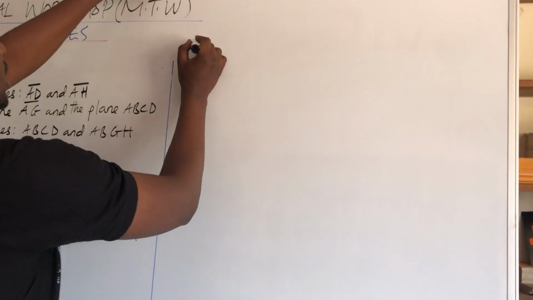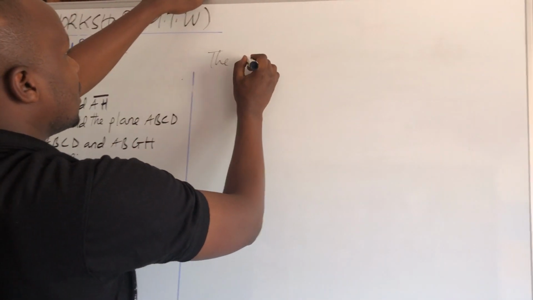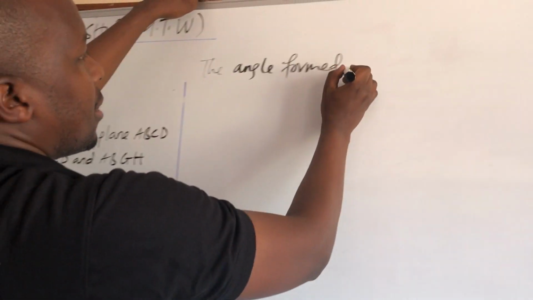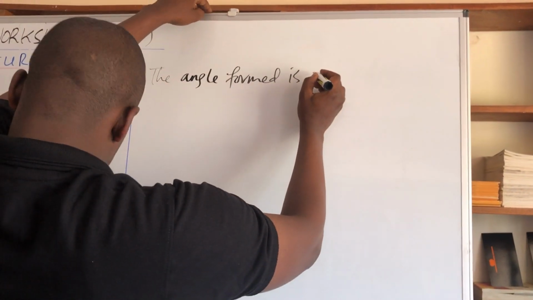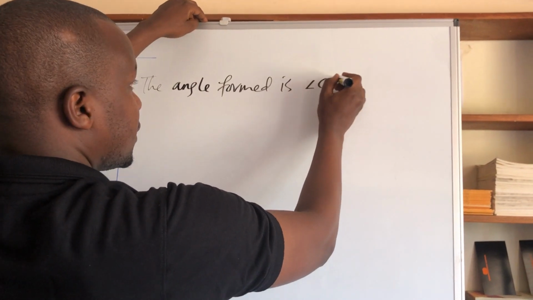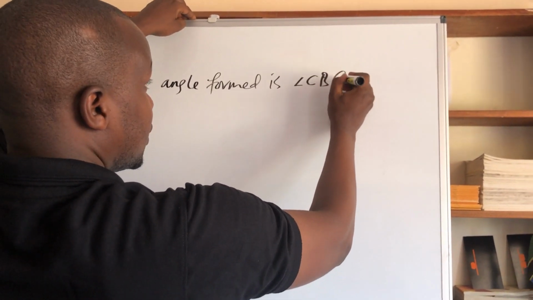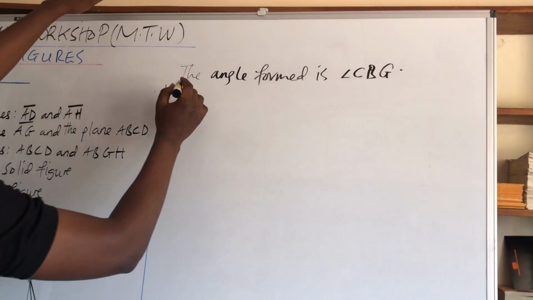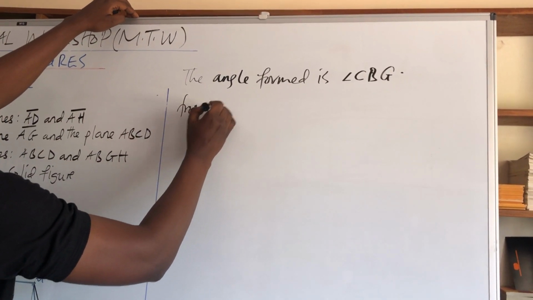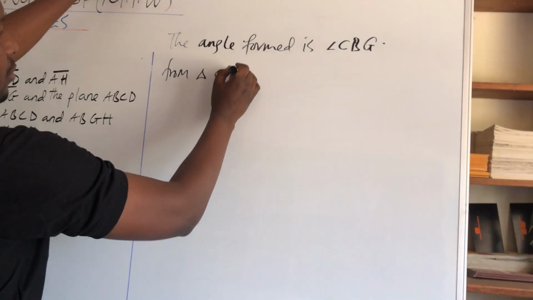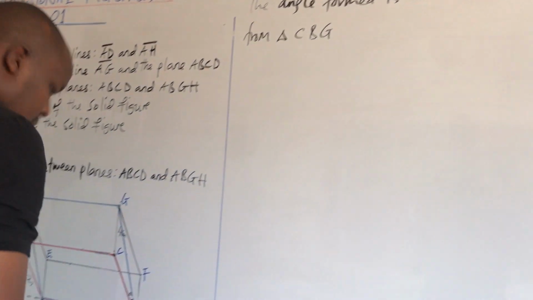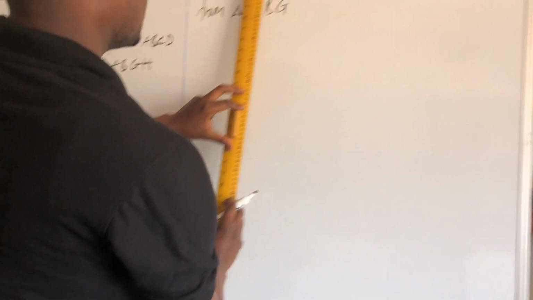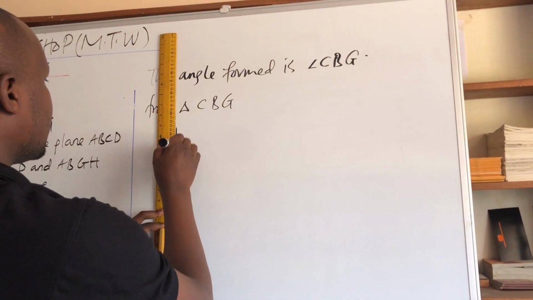So now we can say the angle formed is the angle CBG, and it is found in this triangle CBG. From triangle CBG, we can sketch it.